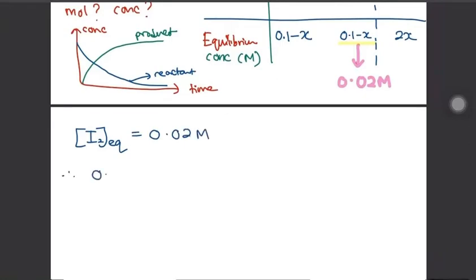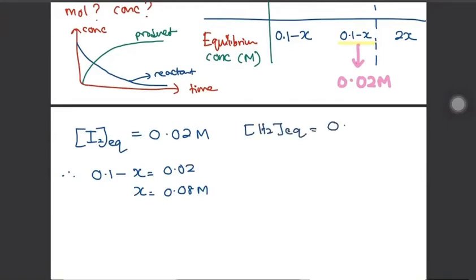Therefore, 0.1 minus x equals 0.02, so x equals 0.08 molar. Okay, and you can calculate the equilibrium concentration of hydrogen, which will be the same, 0.02 molar, because you can see over here it is 0.1 minus x.